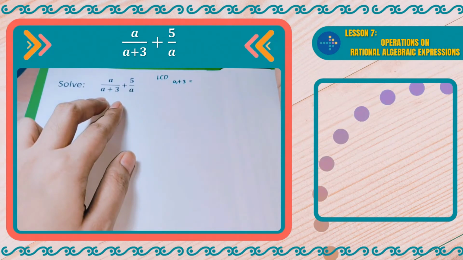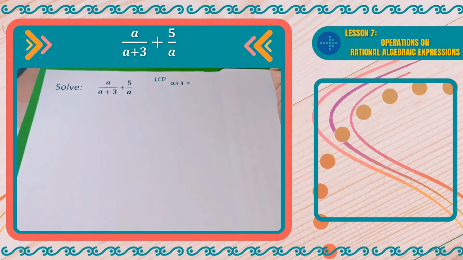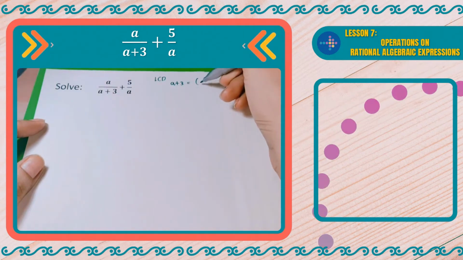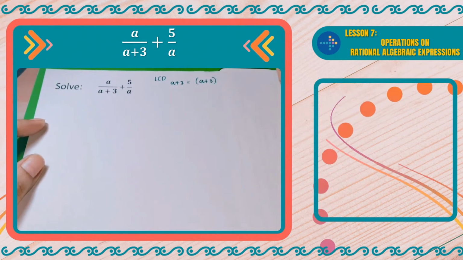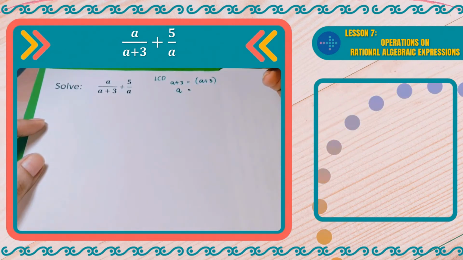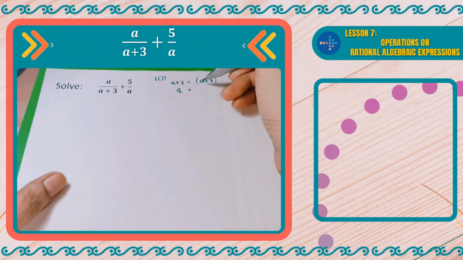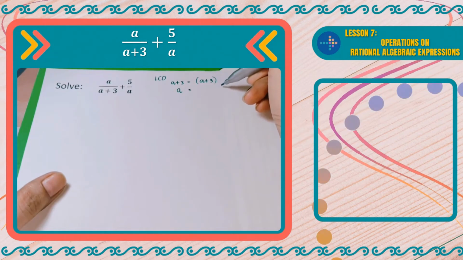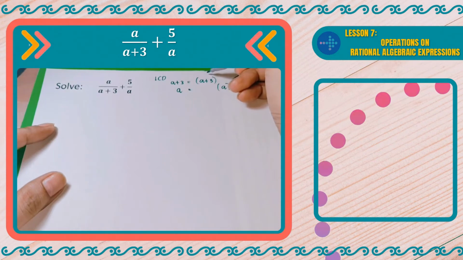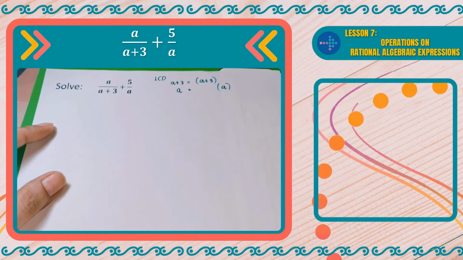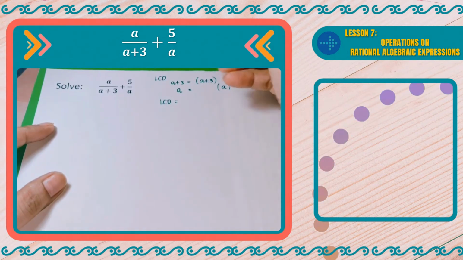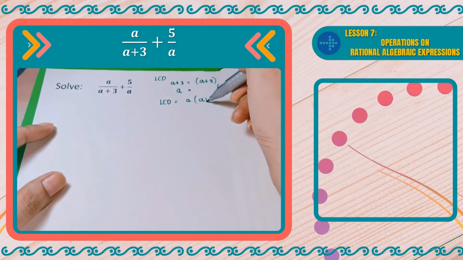So, its only factors are the binomial itself and 1. For a, obviously, it has no other factor except itself and 1. So, the factor we can use is a. Since they have no common factor, our LCD is the two denominators multiplied: a times a plus 3.